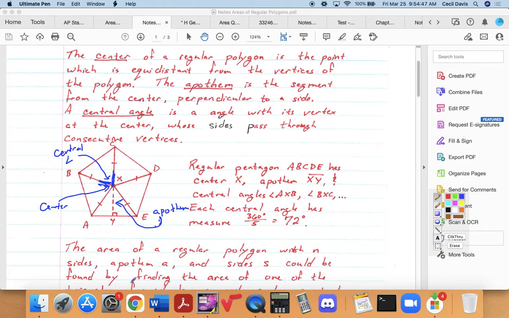On this particular figure, which is a, what kind of a thing? More specifically, it's a pentagon. It's a regular pentagon. How many central angles do we have? There's 5 central angles. It's the same as the number of sides.